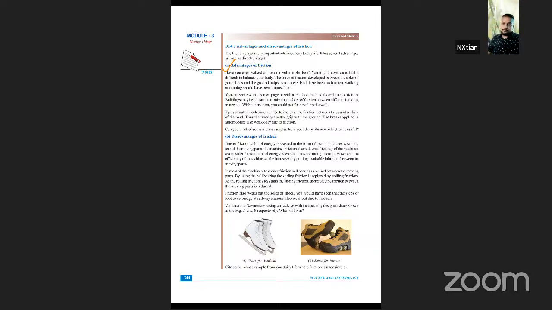It won't work. One should be rough. That's why you are able to write on paper, but not that way. Even with an ink pen, the ink will not absorb. So that is why it's necessary.